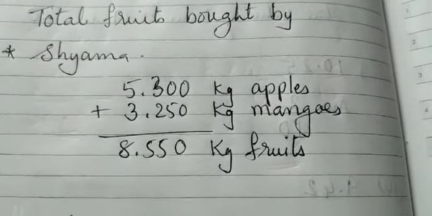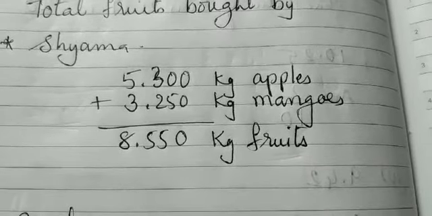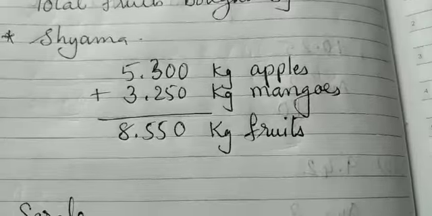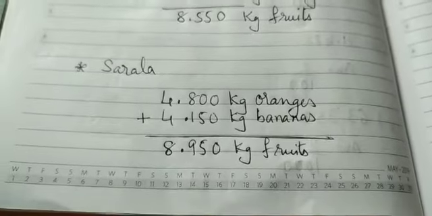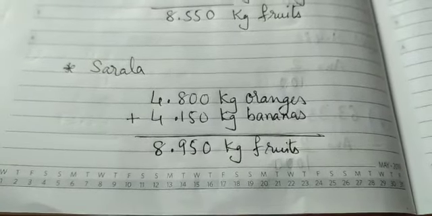When you add it, addition is as simple as the other whole numbers we add. So 8.550 kg fruits Shyama has purchased. Now similarly we'll move on for the total quantity of fruits purchased by Sarla.